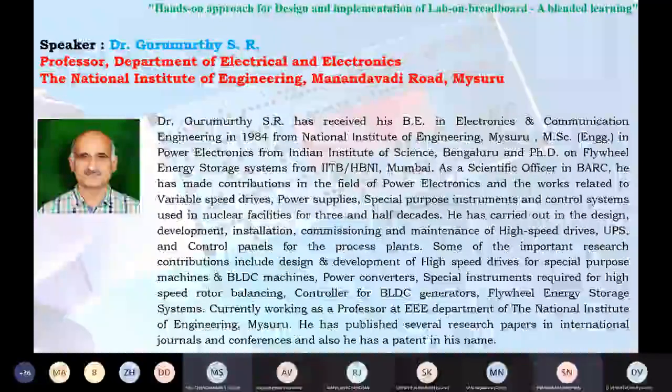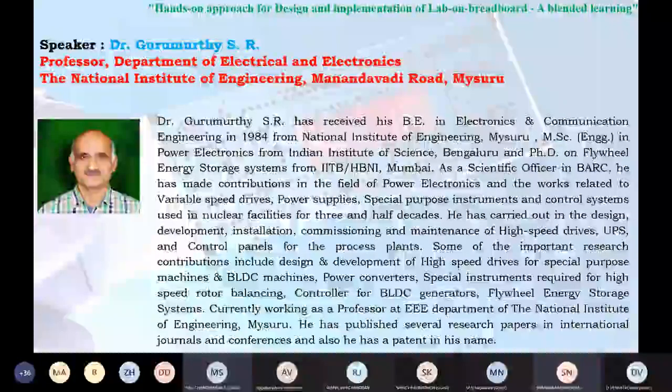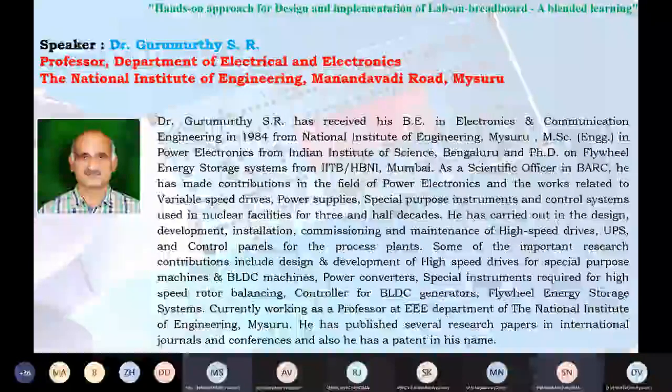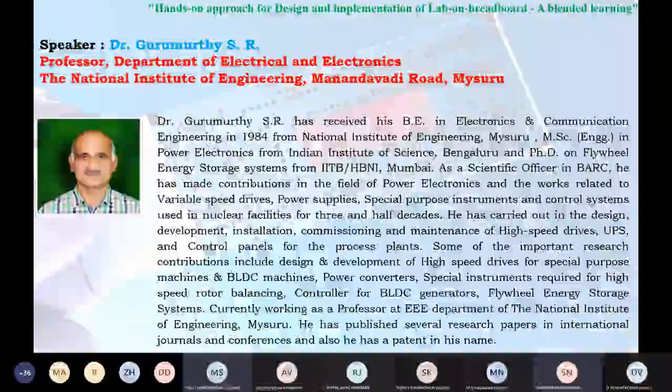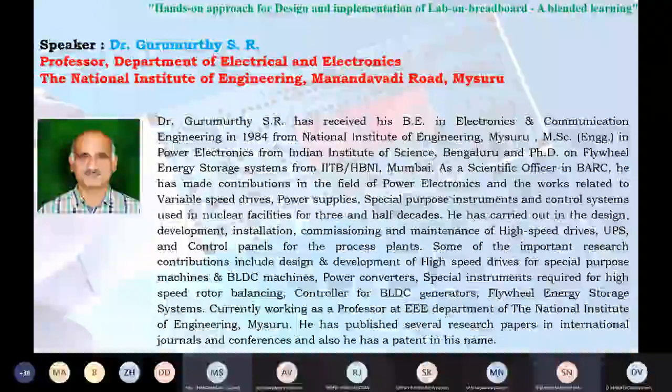He has carried out the design, development, installation, commissioning, and maintenance of high-speed drives, UPS, and control panels for the process plants. Some of the important research contributions include design and development of high-speed drives for special purpose machines and BLDC machines. Also, power converters, special instruments required for high-speed rotor balancing, controller for BLDC generators, flywheel energy storage systems.